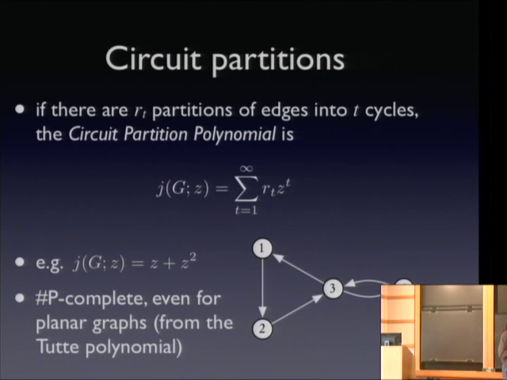It's an Eulerian style covering, yes. Every edge is covered exactly once. So for instance, here there are two of these cycle coverings, one of them containing one cycle, which covers everything, the other containing two cycles. And so here's this little generating function.